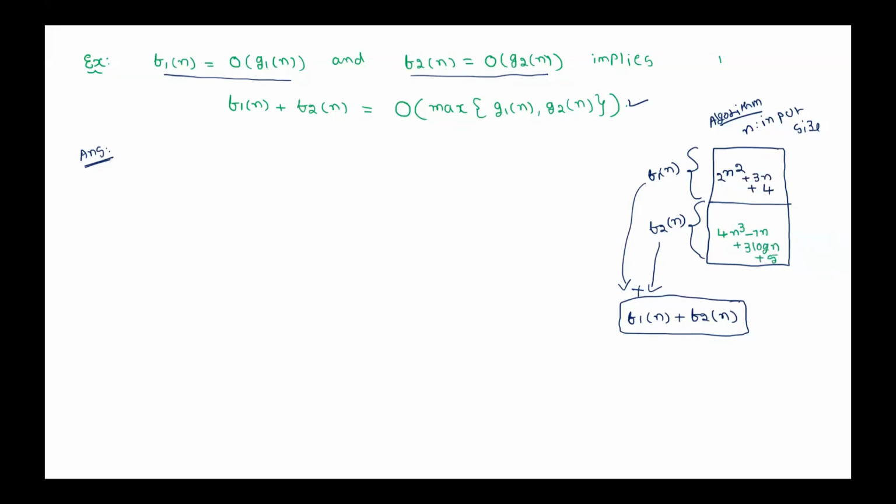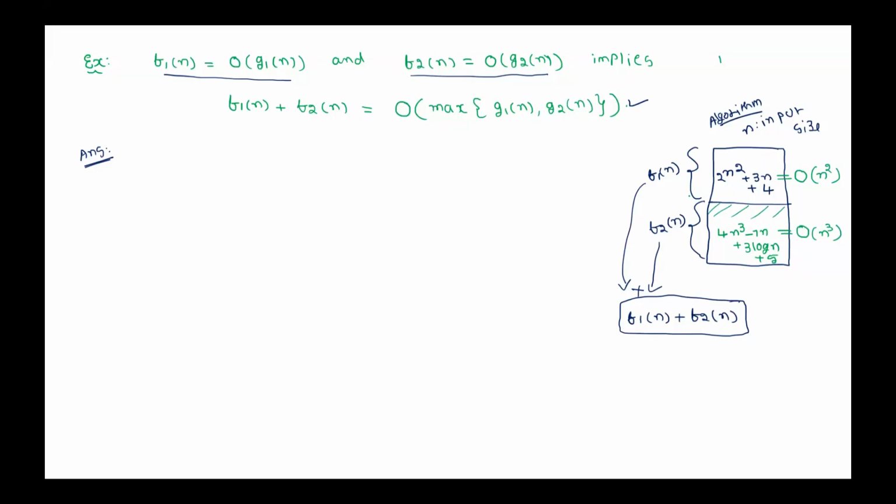That means f2 of n is this, and f1 of n is this. Someone has represented the first part simply as big O of n square, and the second part as big O of n cube.